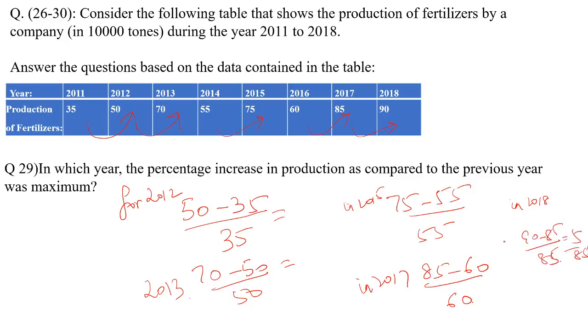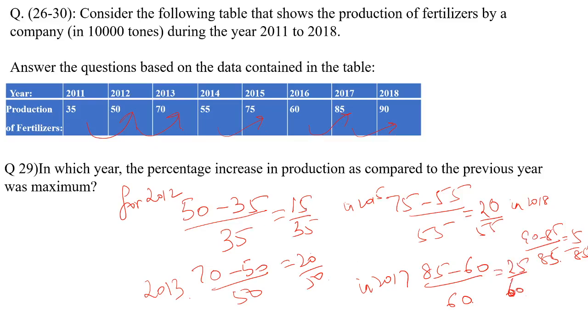5 by 85, 15 by 35, 20 by 50, this difference will be 20 by 55, here it will be 25 by 60.